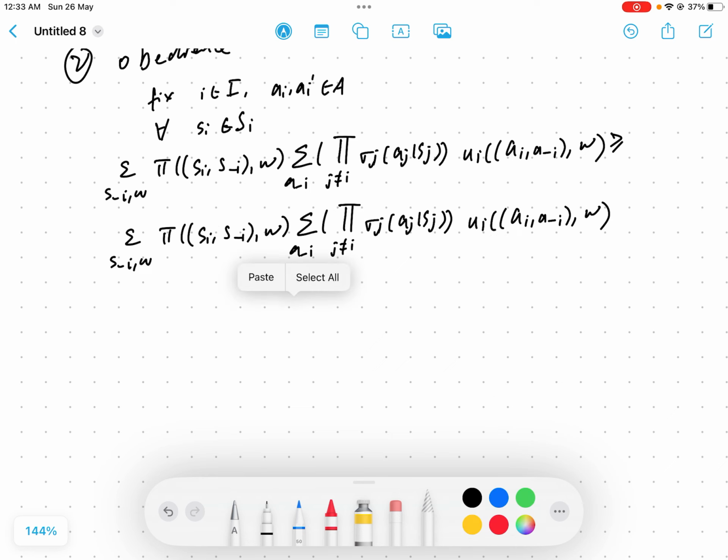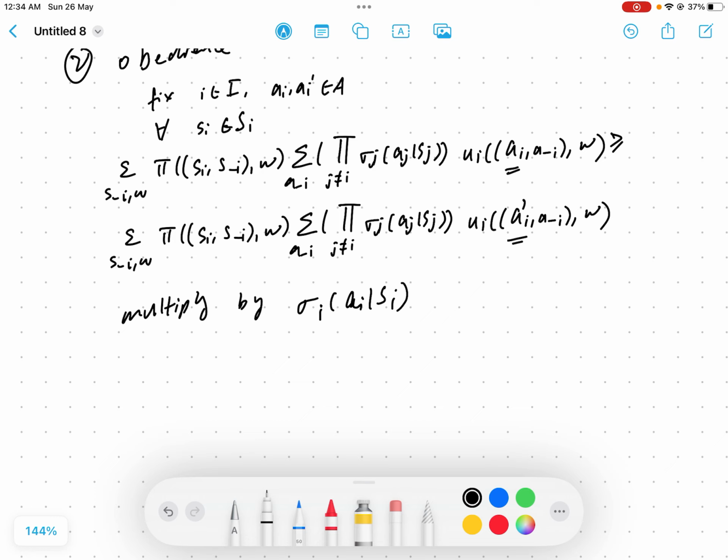And then the only difference is this prime term. So we multiply both sides by sigma_i, and then we sum over the s_i.